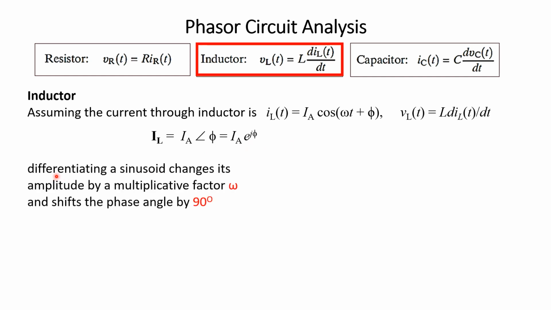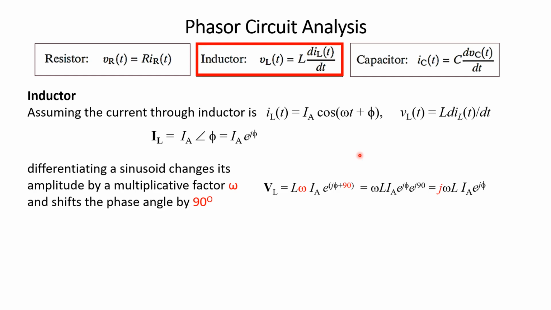This is just a repetition of differentiating a sinusoid. Differentiating this sinusoid changes its amplitude by a multiplicative factor of omega, and shifts its angle by 90 degrees.